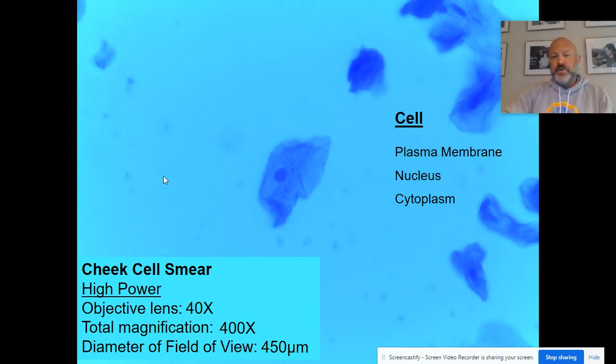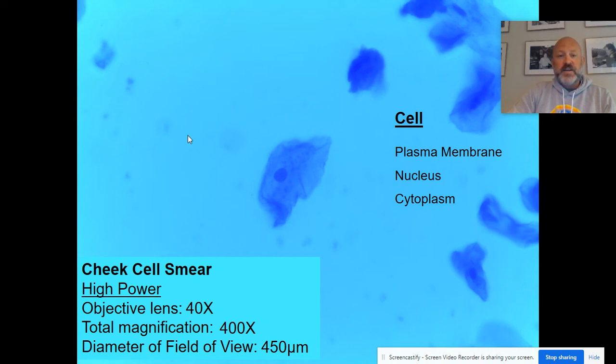So if it's 450 micrometers all the way across, I would just have to ask myself, how many cells can I fit across in a single line? I would use some type of measuring device. In this case, I'm going to use my fingers. And I would estimate maybe 9 cells.